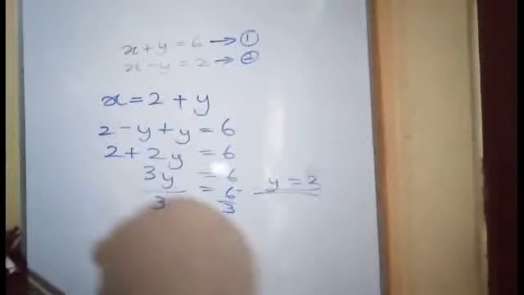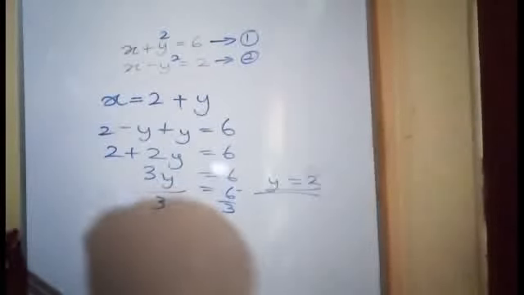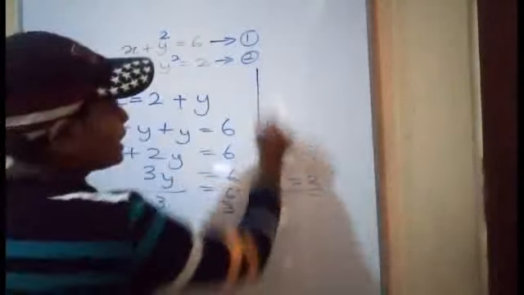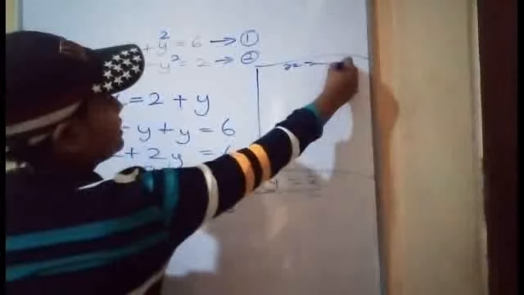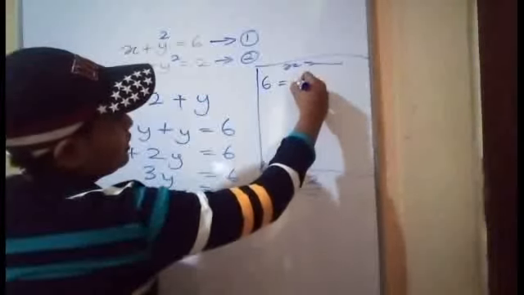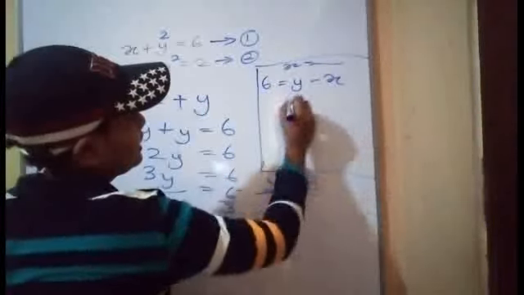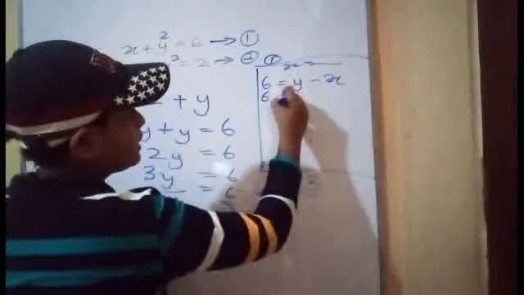Okay, now this one is 2. So, we want to find the x value. What is the x? So, 6 equals y subtract x. That means in the first one, now, 6 means 2 subtract x.